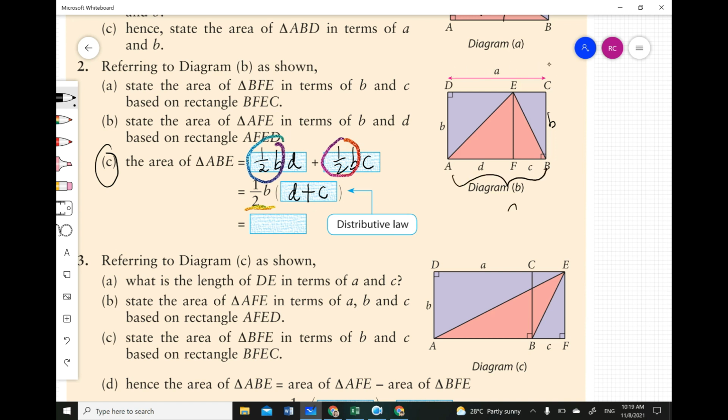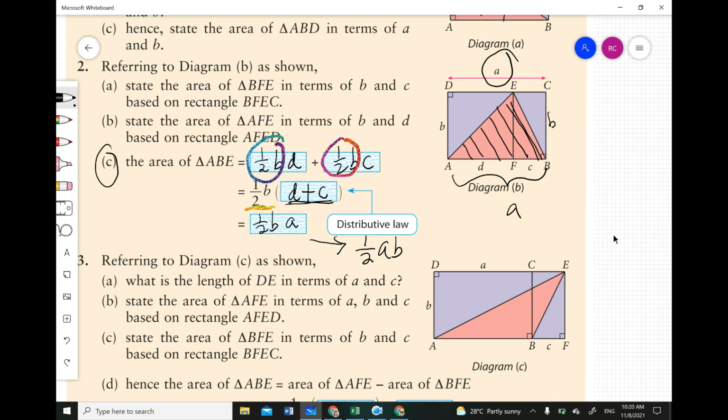So we can simplify the D plus C here as A. And then the front part, we just copy down 1 over 2 B. That is how we get our formula, arranged in order: 1 over 2 AB gives the area of the orange triangle, which is 1 over 2 multiplied by A, the length of the base, multiplied by B, the height. So this is the second type of triangle.